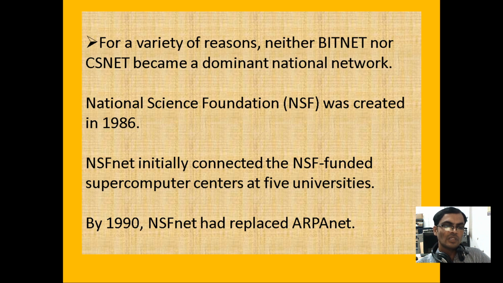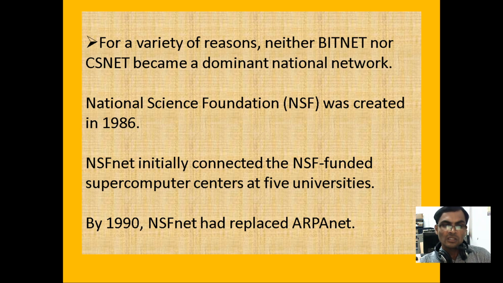NSFNET was initially connected to NSF-funded supercomputer centers at 5 universities. In the 1990s, the National Science Foundation Network replaced ARPANET. This network provided access to educational institutes and private institutes, whereas ARPANET provided the network only for universities and laboratories.